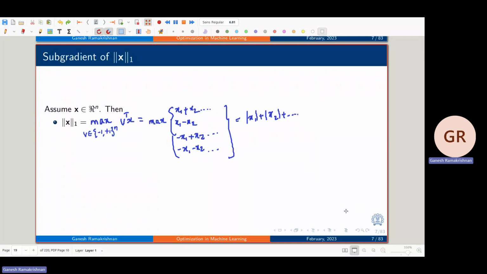How is this expression helping me find the subgradient? Same form, right? So the subgradient of x1 will be what?